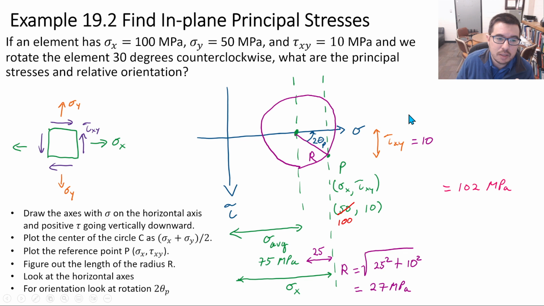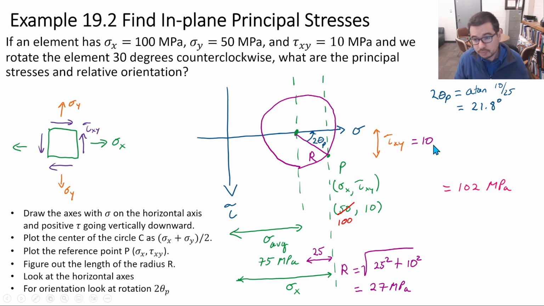Here, we can just look at this 2 theta p as being, well, this opposite side is 10, and this length was 25, which we determined previously from sigma x minus the sigma average. So we can solve, and we now know that on the material element, it's a rotation of 10.9 degrees. On Mohr's circle, it would be a rotation of 21.8.